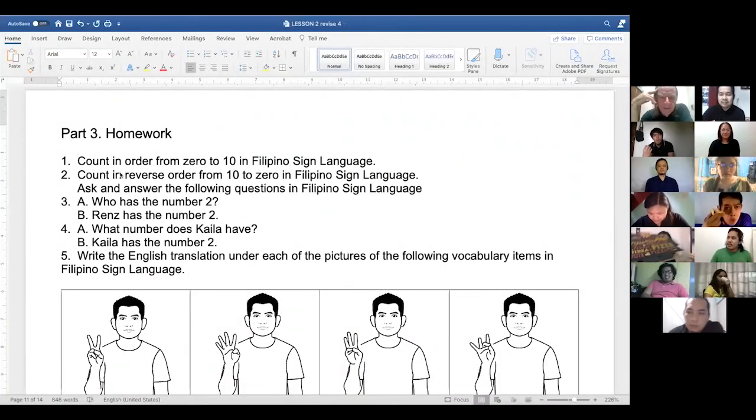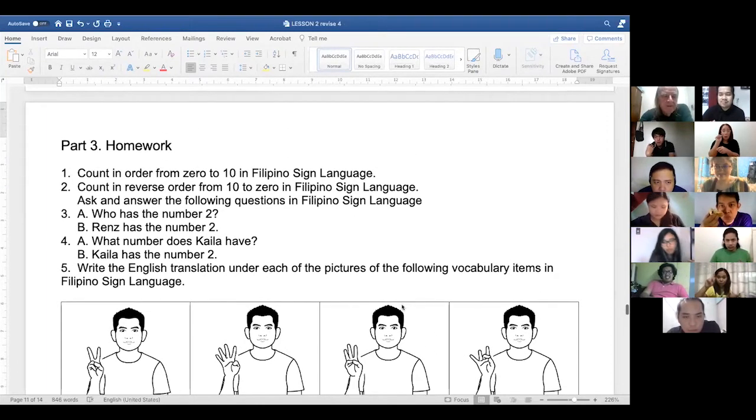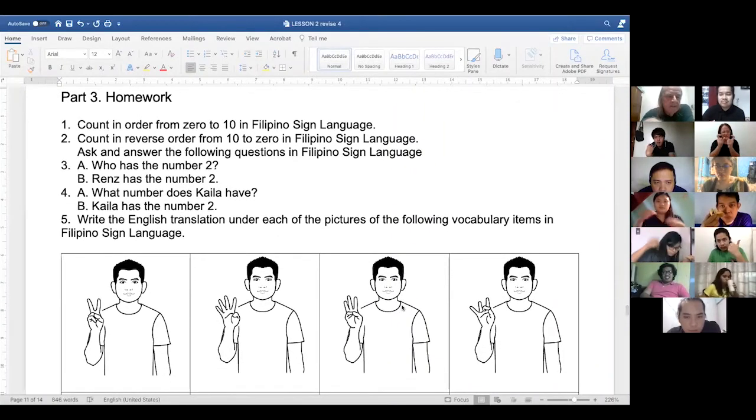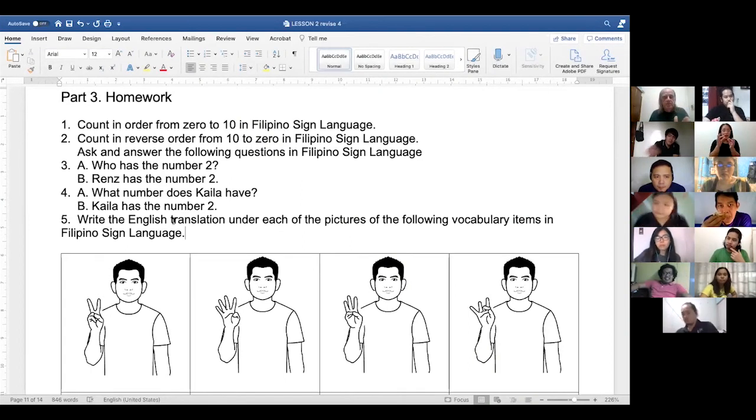Let's go ahead and continue with lesson 2 with Shaq. Can you pull up lesson 2 again? Now, as you see under the homework, it's a very minor change. On number 5, do you want to move the terms Filipino Sign Language over to the right, or do you want to continue like it is?